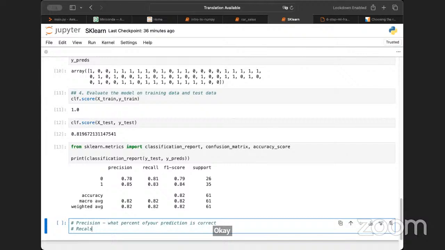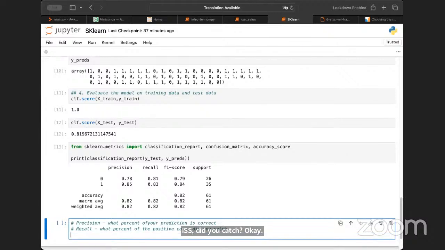Then we have recall. Recall is what percent of the positive cases did you catch? That is what I'm explaining, Siva.